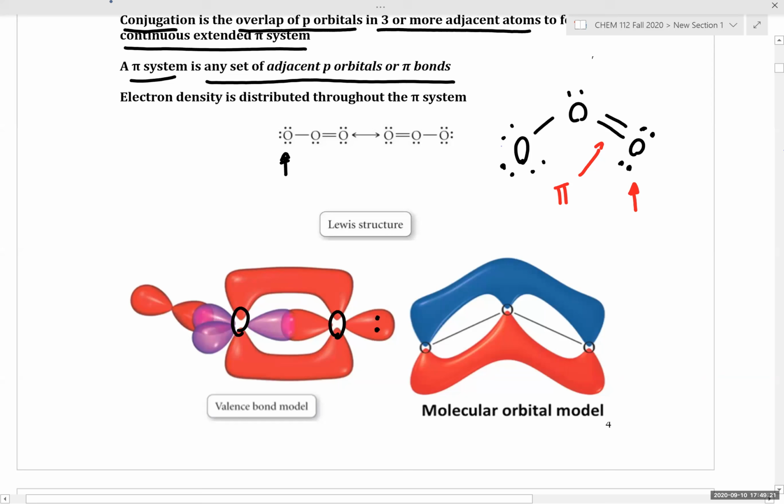To back things up a little bit, what is the hybridization of this oxygen? sp2, okay. So in the sp2 hybridization, we have 3 sp2 orbitals available and a p orbital available for bonding. In this pi bond, we've used up an oxygen 2p and an oxygen 2p orbital to form this pi bond, right? Is everyone following with that premise so far?